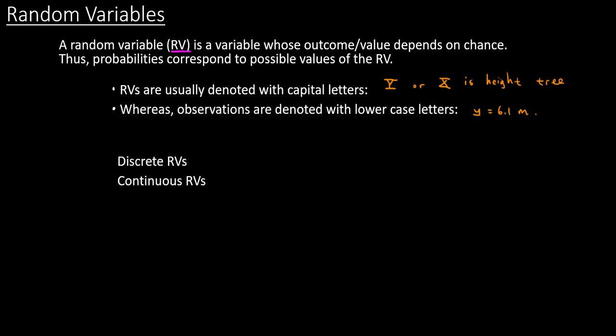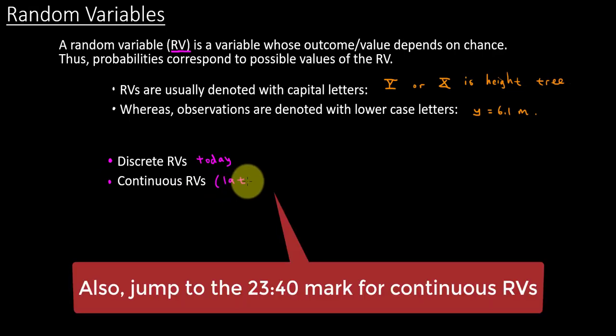We're going to discuss discrete random variables today, but this can also be expanded to continuous random variables, which is going to be most of the focus in our course, so I'm just going to say later there.